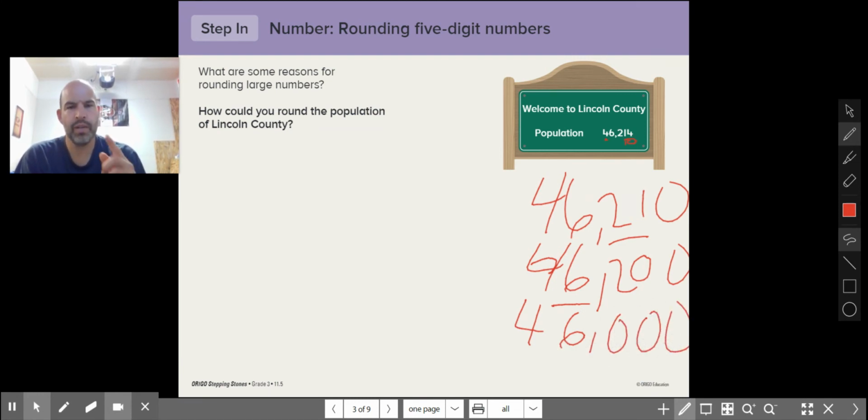What if we wanted to round to the nearest 10,000? Then we would look here and we would say 50,000. All right. So depending on what you want to round to, if we're rounding to the nearest 5-digit, which would be the 10,000s, then we're going to look at the thousands place value to help guide us there, right?